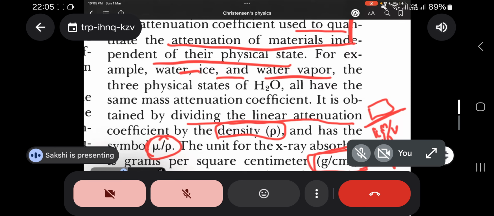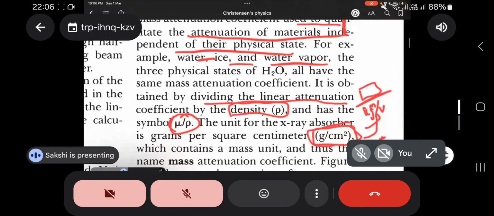Then you can say that whatever Aryavardhan said, this 1 gram per centimeter, how to derive it? Derive this formula in your notebook by writing the unit of every quantity we are discussing. Write down the unit of linear attenuation, then the unit of density, divide both, and then you will get this one.